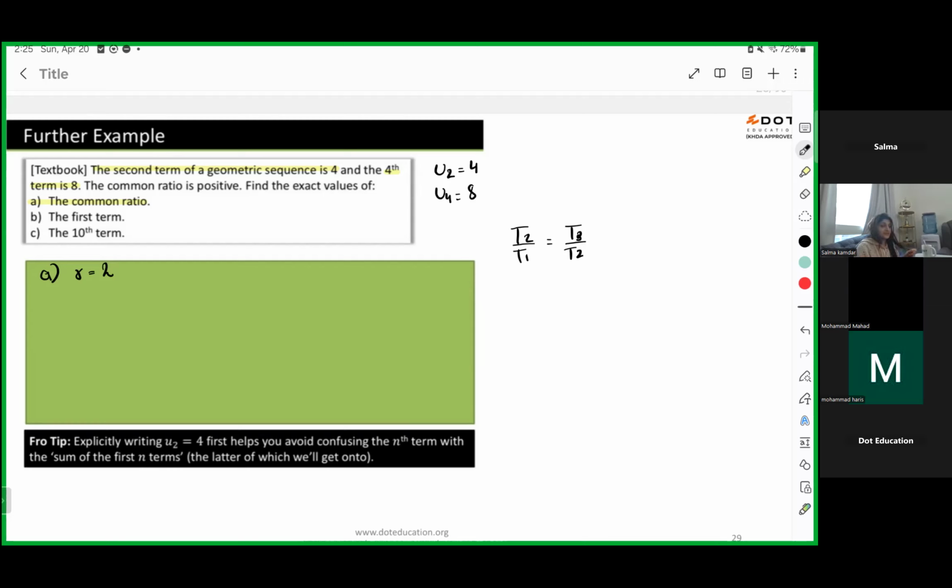Think about it, it's a scale. In a geometric sequence or series, every term that is coming would be multiplied with a common scale factor.